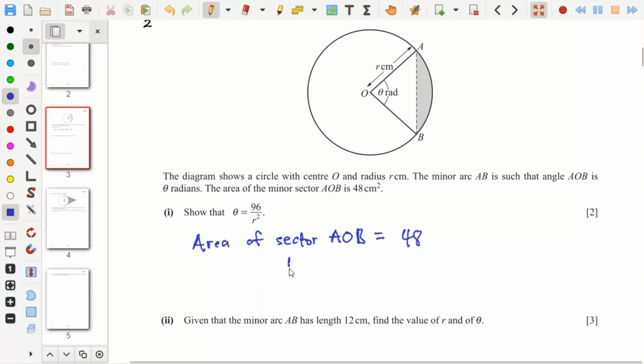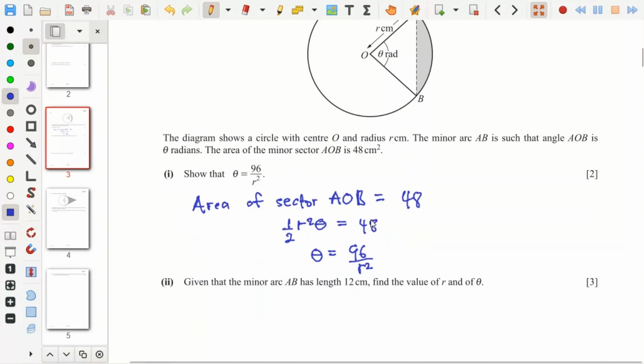And we know that the area of a sector is half r squared theta. So if we make theta the subject, 2 times 48, you get 96 divided by r squared. So there you have it. That's the first one.